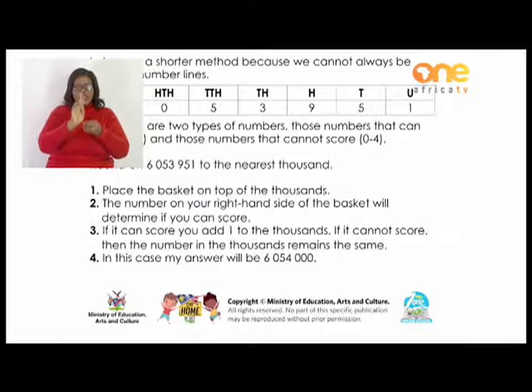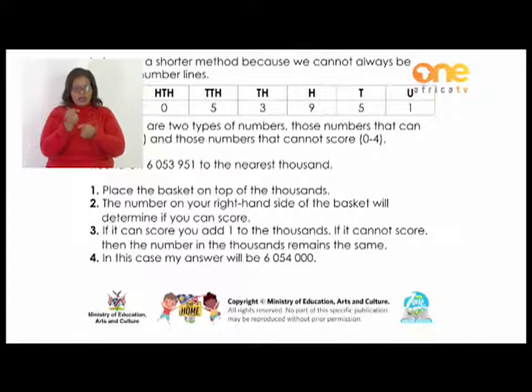At 100,000, at 10,000, and also at 1,000. So you can just make that correction. Then the notes which are below. First, there are two types of numbers. Those numbers that can score, between 5 and 9, and those numbers that cannot score, between 0 and 4.